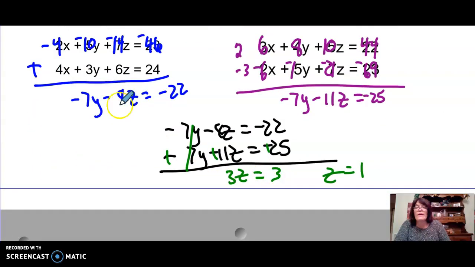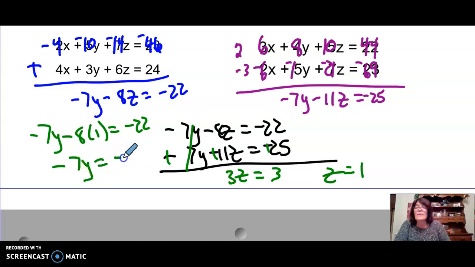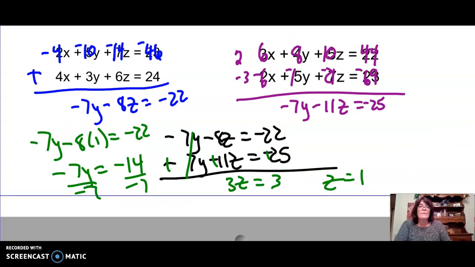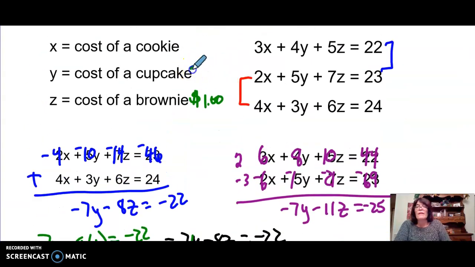Well, I'd like to figure out y. So negative 7y minus 8 times 1 equals negative 22. Negative 7y equals negative, let's see, if I add 8, that'll give me 14. And then divide by negative 7, it looks like y is positive 2. $2 for a cupcake.